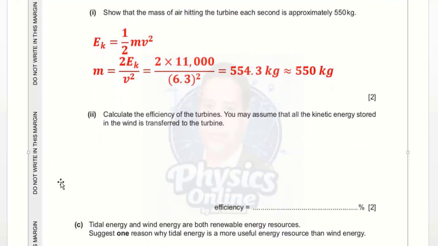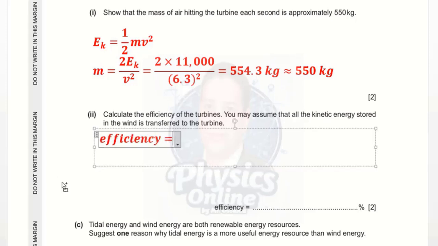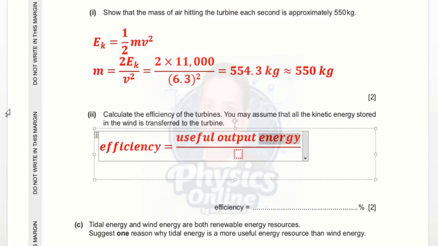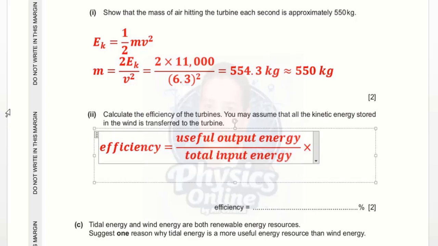Calculate the efficiency of the turbine. You may assume that all kinetic energy stored in the wind is transferred to the turbine. Write the equation of efficiency. Efficiency equals useful output energy divided by the total input energy times 100.